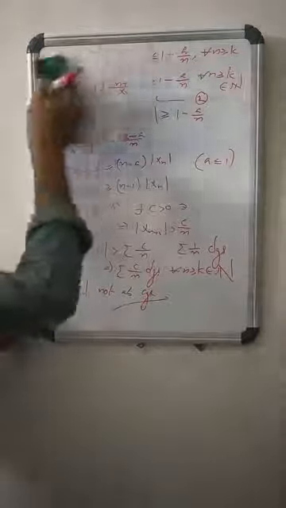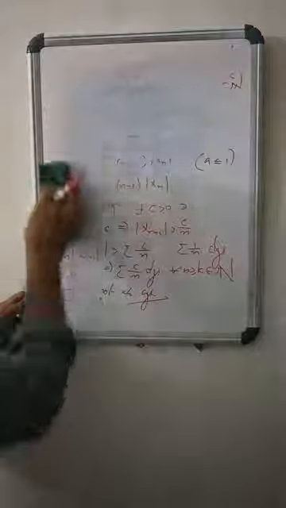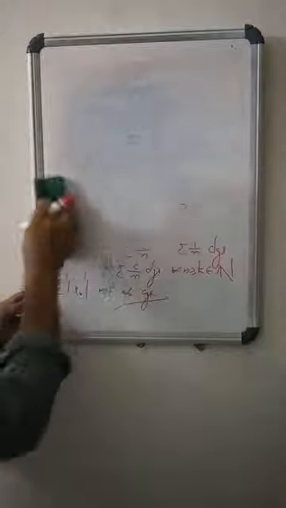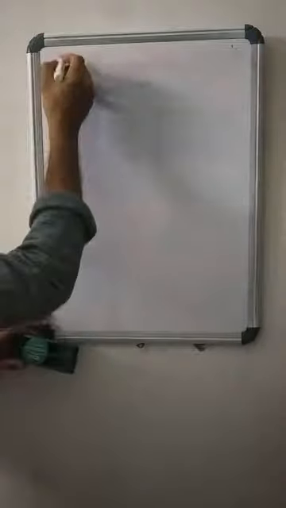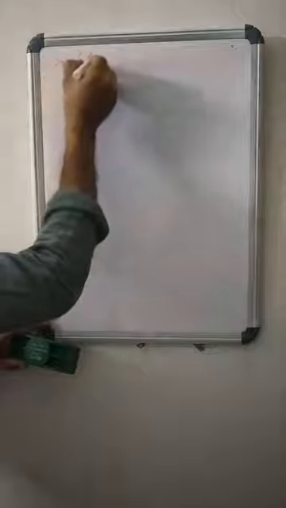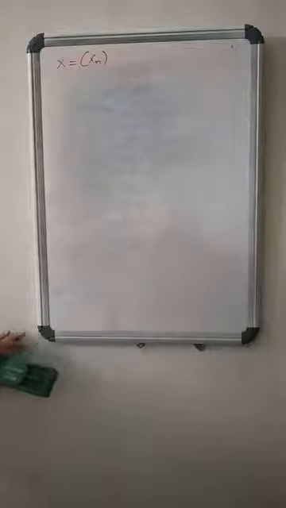Now consider an alternating series. What is an alternating series? Let x = (xn) be a sequence of real numbers.